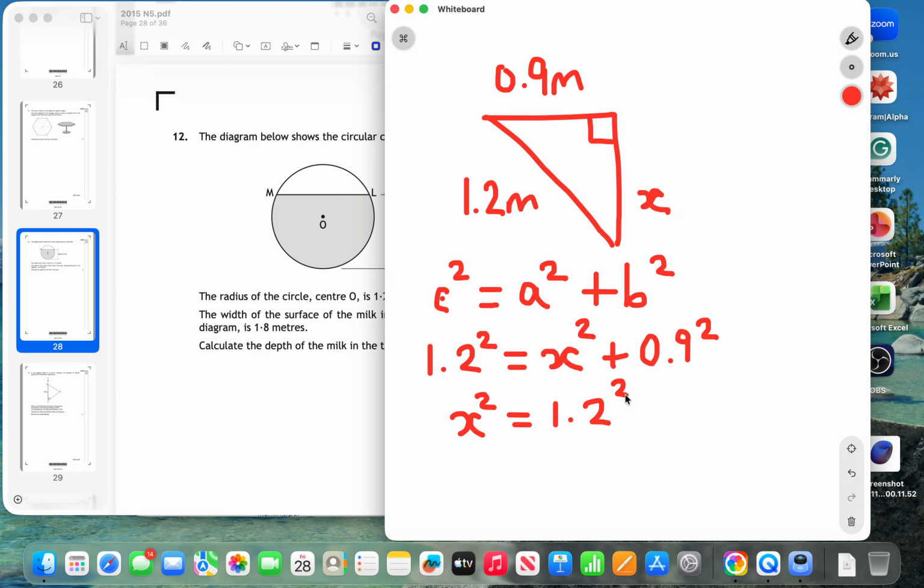So we get 0.7937. I'm going to keep all of those decimal places in, and the units are meters.